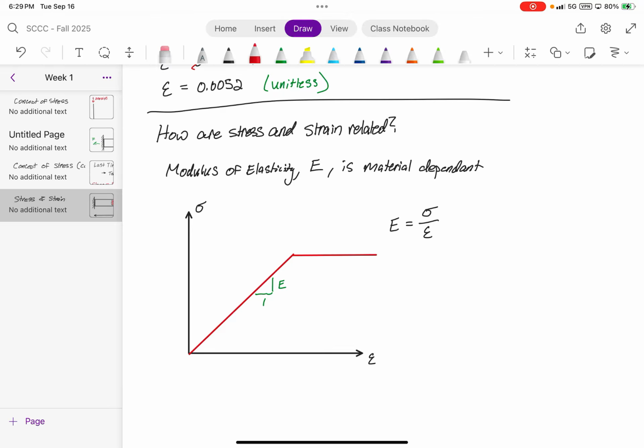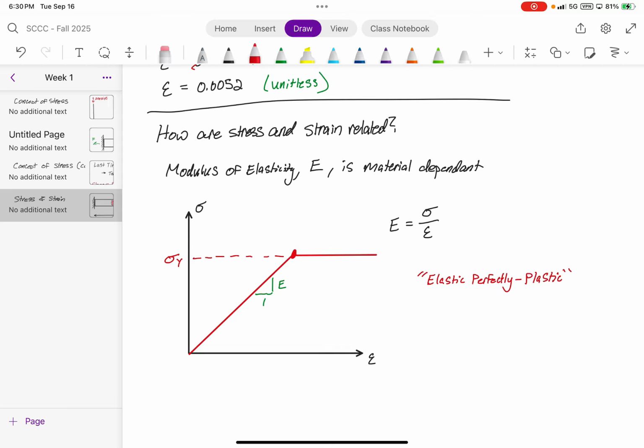We consider this an elastic, perfectly plastic model, where basically once you reach this upper point right here, we call this sigma y, which you guys will notice in Appendix C is the yield strength.